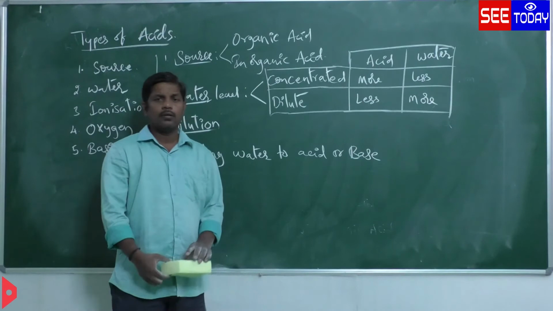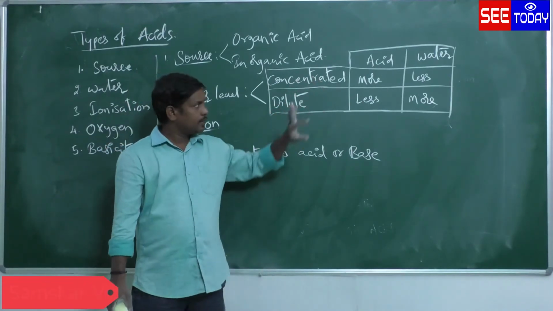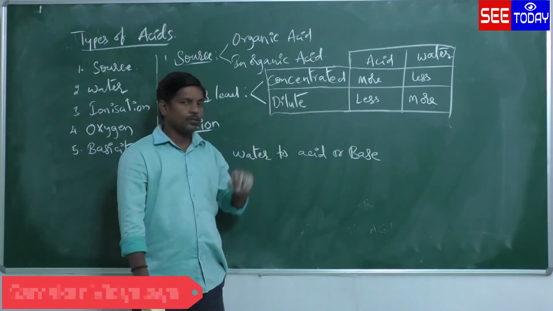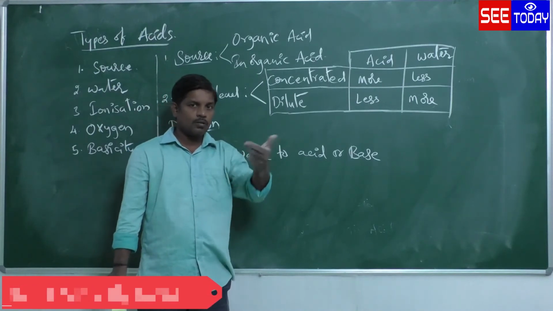By diluting, we can convert concentrated acids into dilute. Similarly, in the reverse way also we can do it, because on adding acid to dilute solutions, we can convert them into concentrated.